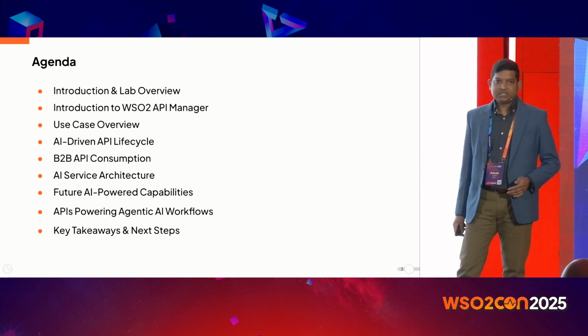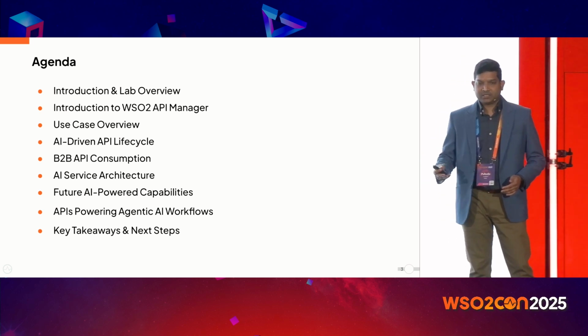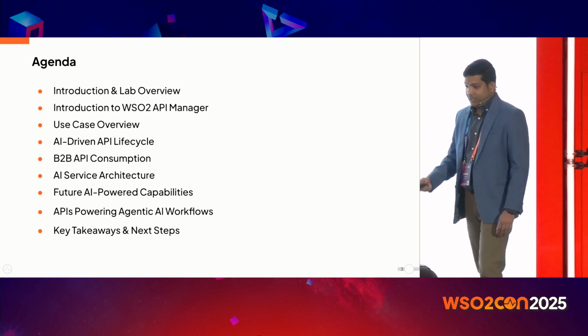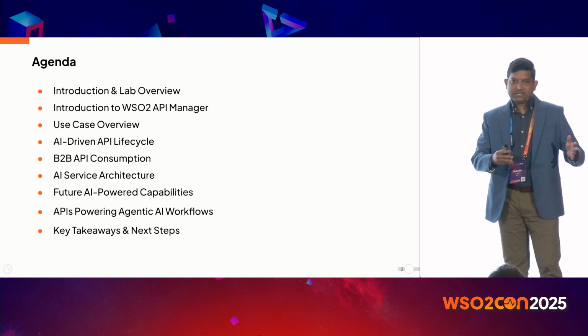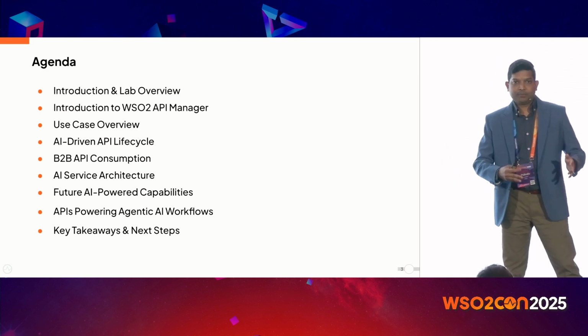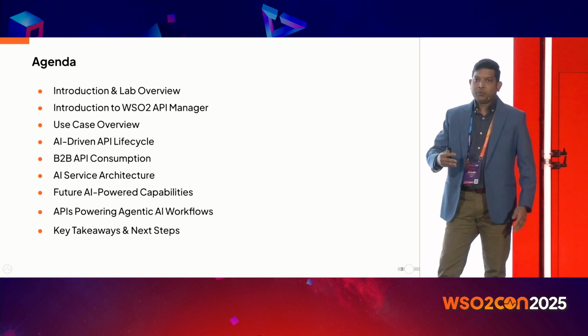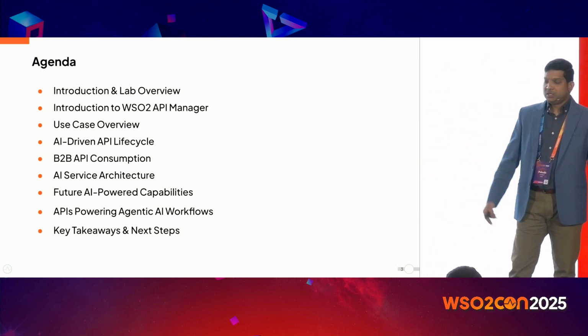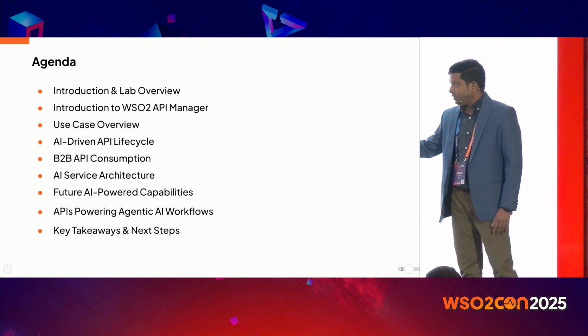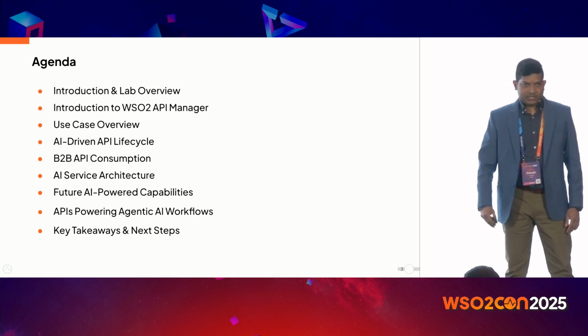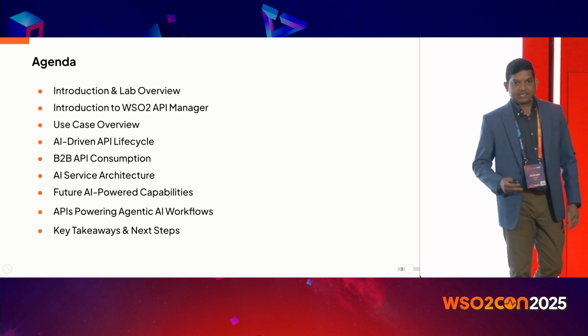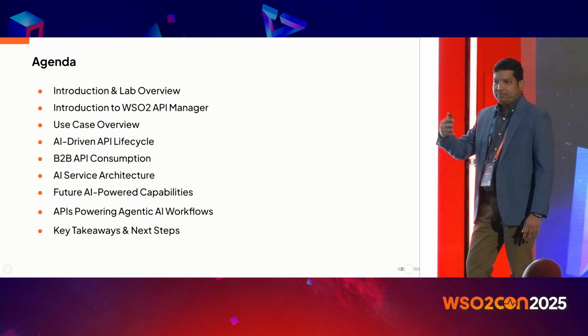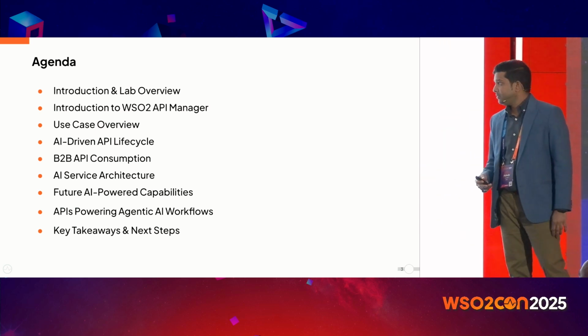This is a new feature which we are adding to the product stack. And then we'll talk about how all these AI services line up with the architecture, how you can take our architecture and evolve it with all your use cases. And then we'll talk about future AI-powered capabilities that we are bringing in. And we have more stuff coming up there.